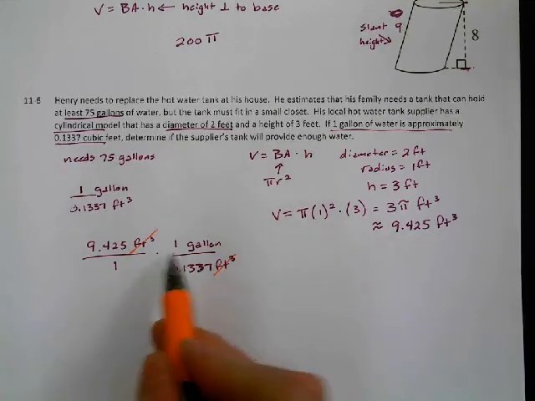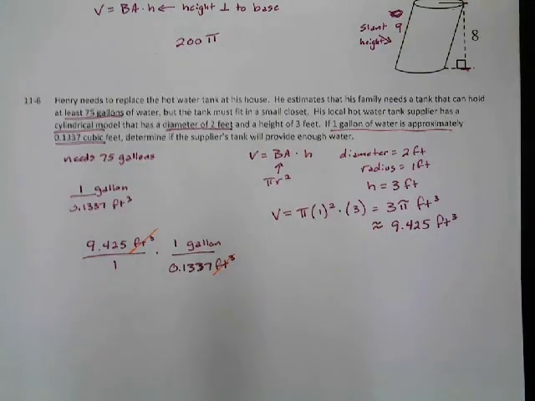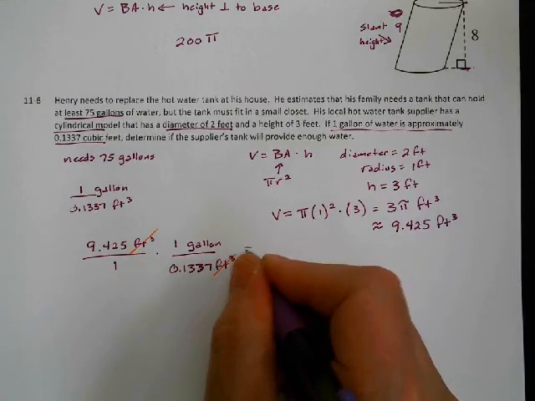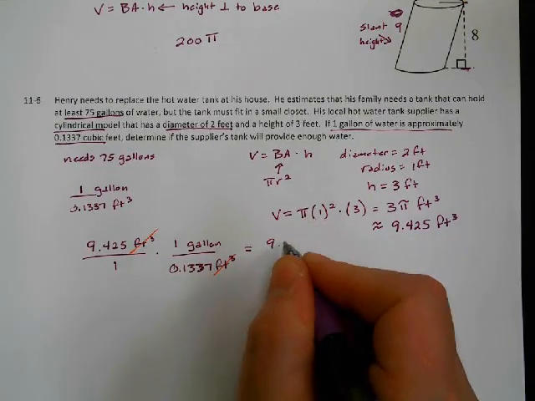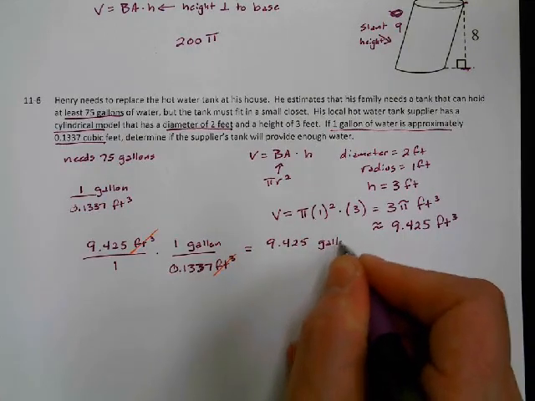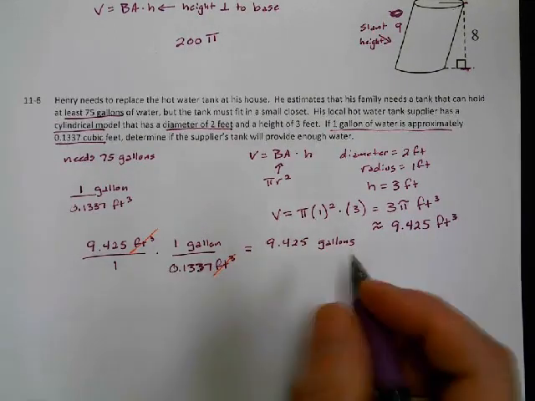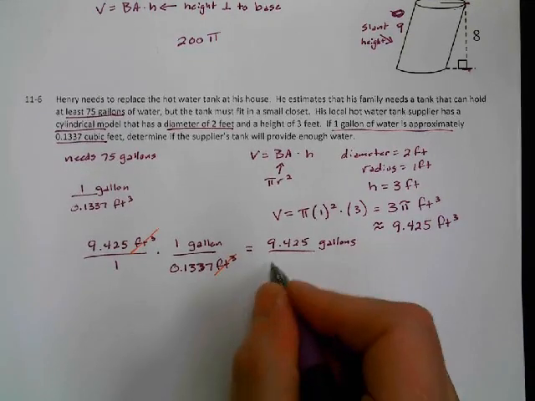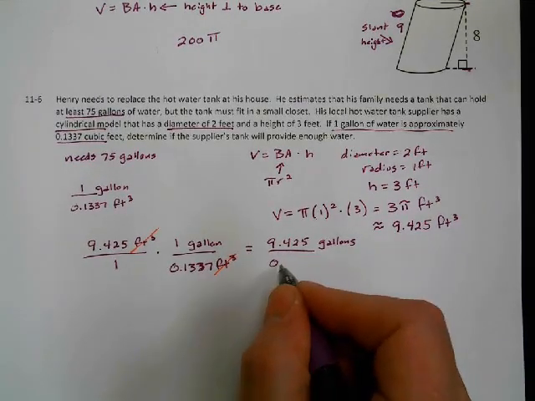So that would be 9.425. Now we're in gallons, because I canceled out cubic feet. And I'm going to divide by 0.1337. All right, calculator, what is this going to end up being?